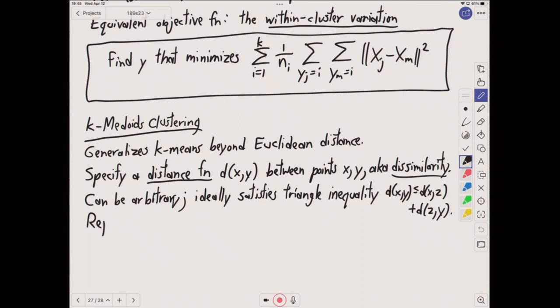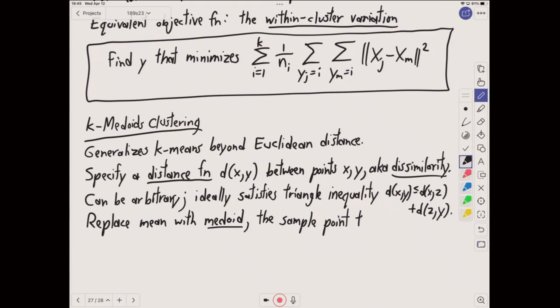And means don't make sense in that context. So we replace the mean with something else. What's usually used is something called a medoid. What's interesting about the medoid is that it is always a sample point. It's one of your input points in your data set. When we were computing the mean, that was an arbitrary point in space that was usually not a sample point. But now we're always going to be using a sample point as our cluster center, so to speak.